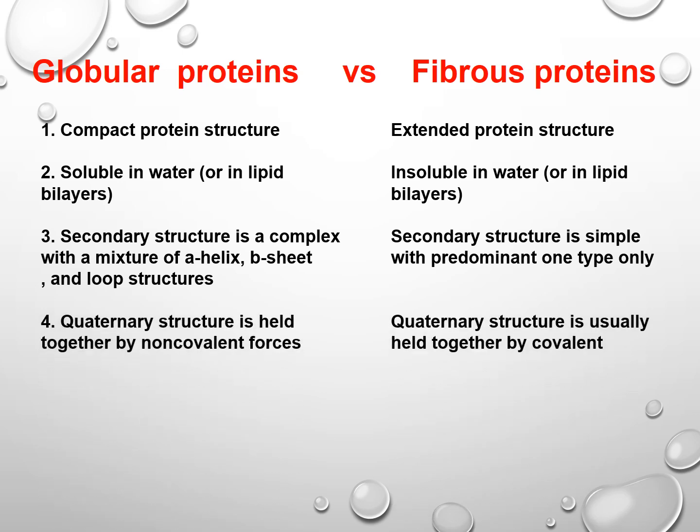The fourth difference is that the quaternary structure is held together by non-covalent forces in globular proteins, while in fibrous proteins it is usually held together by covalent bonds, because they have a linear, extended structure, so they have to be strong through covalent interactions.